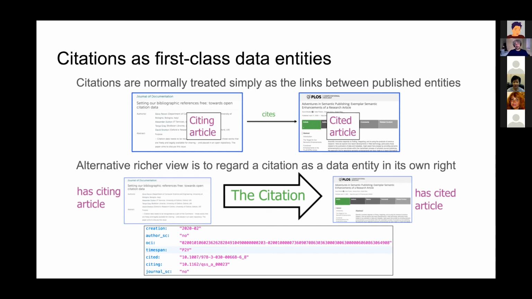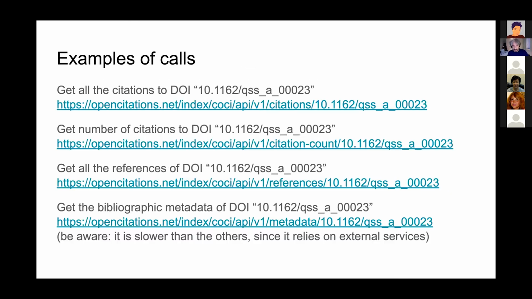So you see how the information is reorganized around the concept of having citations as a first-class data entity, which stores all the information that characterizes the citation itself, and not the other entities involved in the citation.